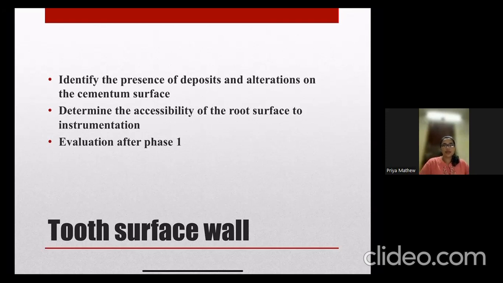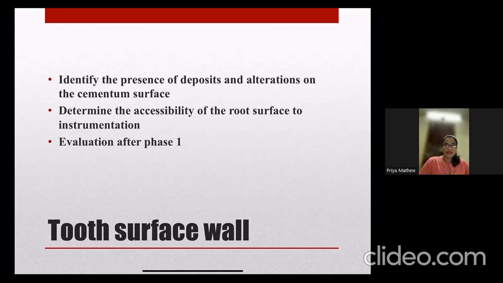It is also determined by the accessibility of the root surface. By merely scaling, we may not get proper access to the root surface. So for better access to the root surface, we may require a periodontal flap surgery, for which we get to treat deeper pocket depth areas.